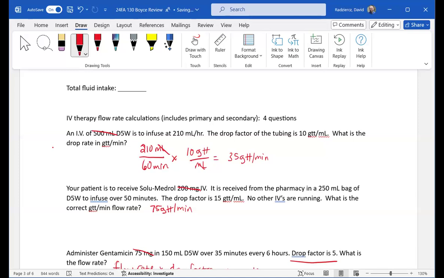The flow rate tells me you have a 250 milliliter bag and then 50 minutes. So 250 ml over 50 minutes times 15. And you get 75.